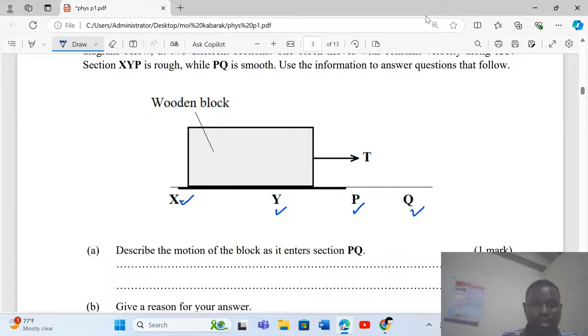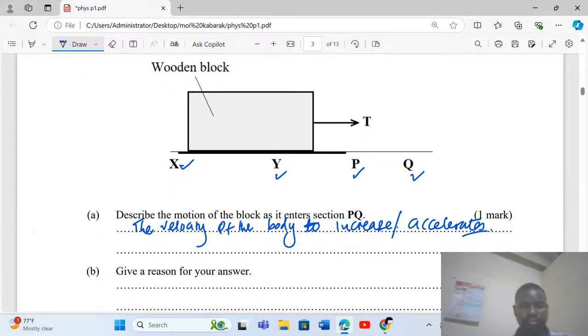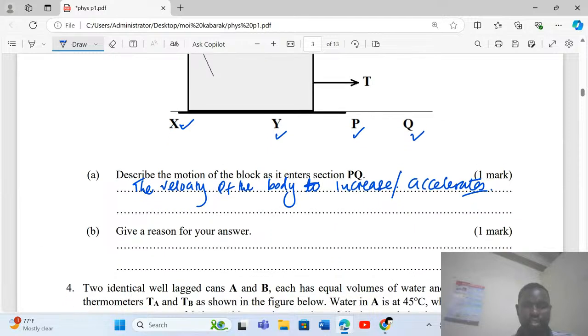Therefore, in this case, we expect the velocity of the body to increase. At long last, this one will say the body accelerates. Give a reason for your answer.